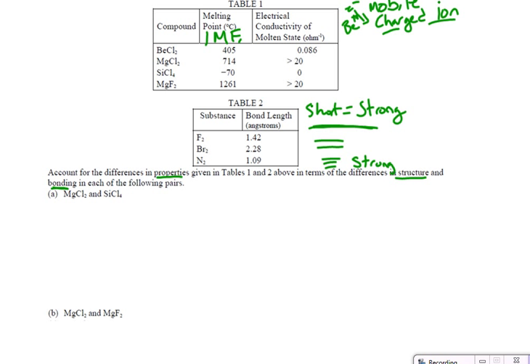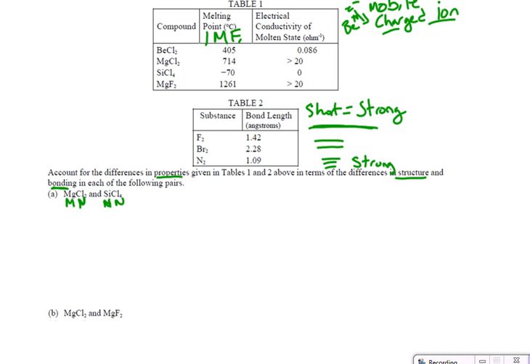So I'm going to scroll this down a little bit. Okay. So magnesium chloride and silicone tetrachloride. What do I know about these two? Well, magnesium chloride, magnesium's a metal. Chlorine is a nonmetal. So I've got a metal and a nonmetal. Silicone is a metalloid. And let's just call it a nonmetal for right now, because it doesn't conduct electricity too well.